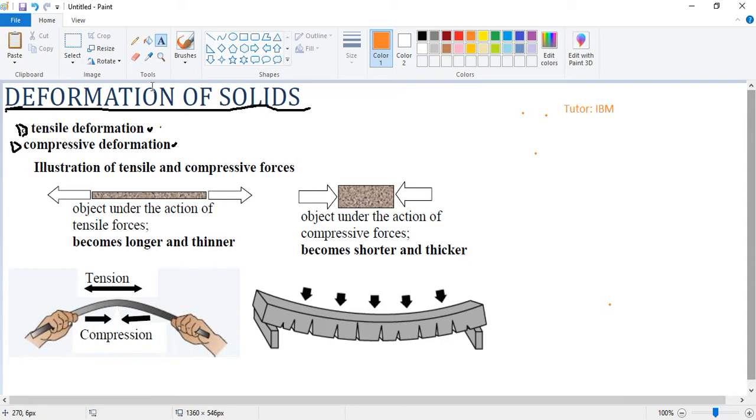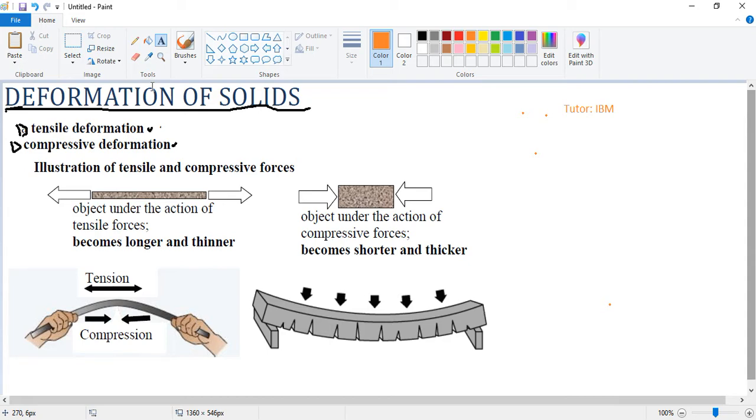So when forces are applied to a solid, its shape or size is most likely going to change, and that change in shape or size of the object is what we call deformation. You must have experienced this in your everyday life.